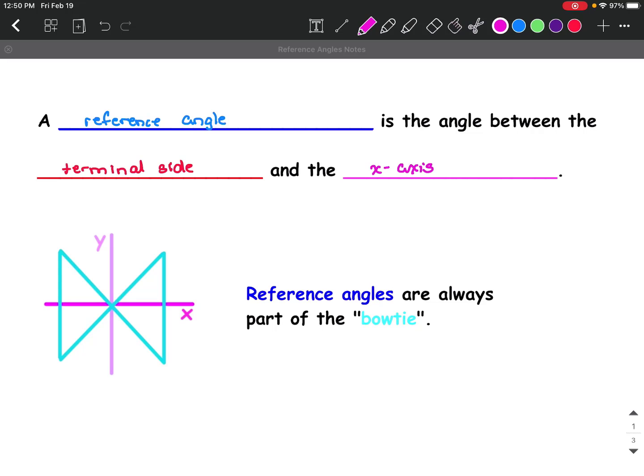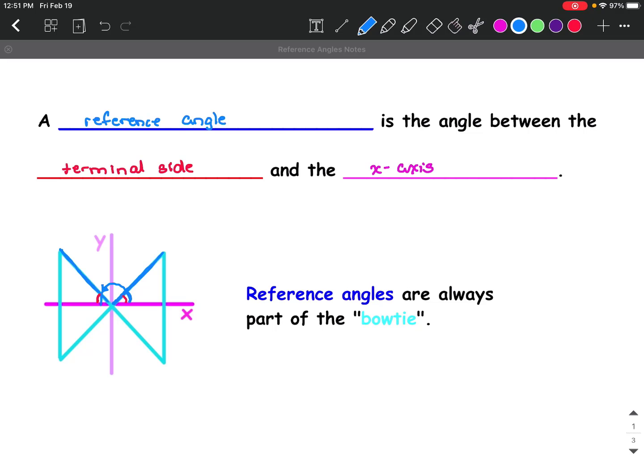Because if your angle is in the first quadrant here, the reference angle would be here. If your angle comes all the way around to here, and you're in a second quadrant angle, now our reference angle is here.